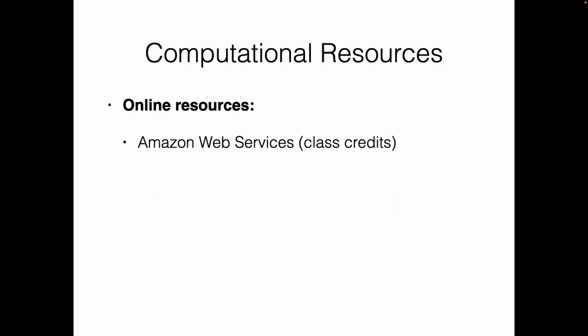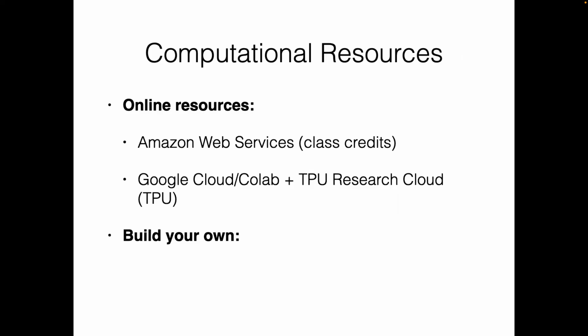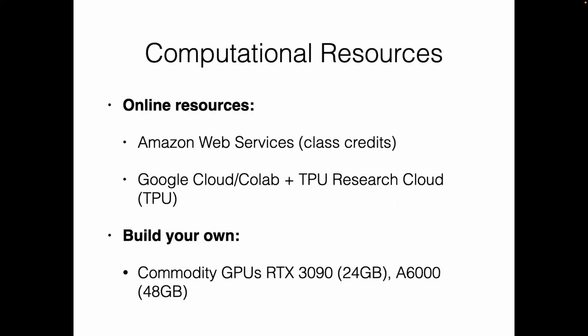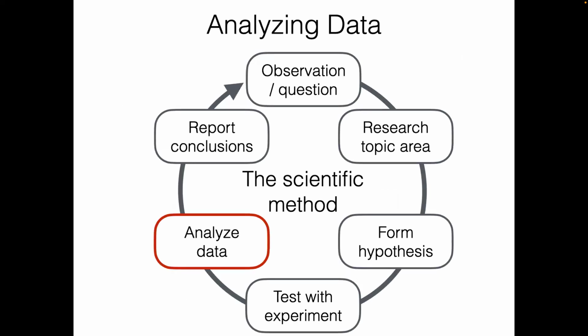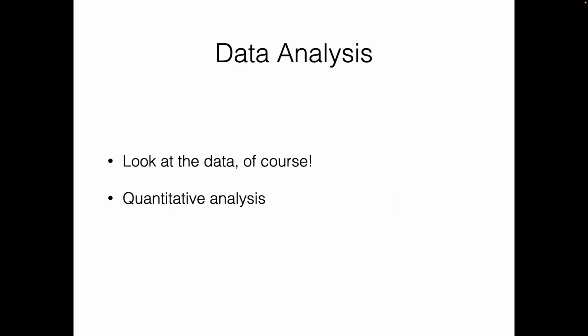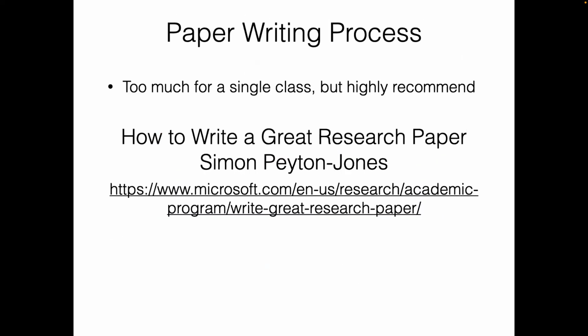We're almost out of time, but these were really the main topics that I wanted to go through. The computational resources, we've been posting them on Piazza. And then finally, you'll want to put all of this into a paper. I really recommend reading this.